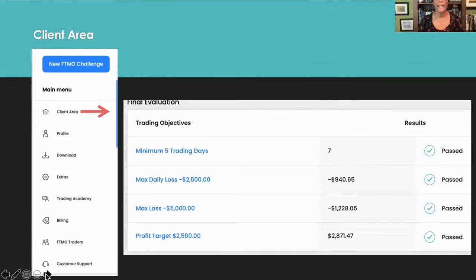And then it always tracks your max loss, like how much at the maximum can you lose and still pass this challenge. And then it also has your profit target, how much you are wanting to make to win this challenge or free trial.